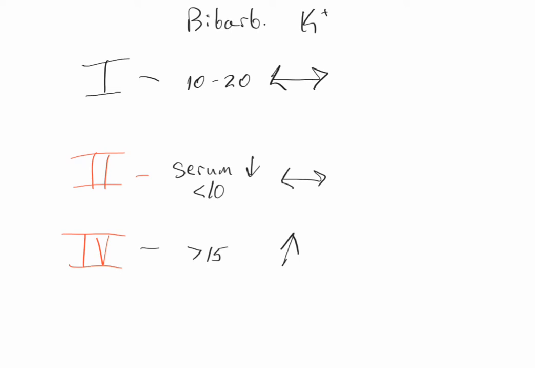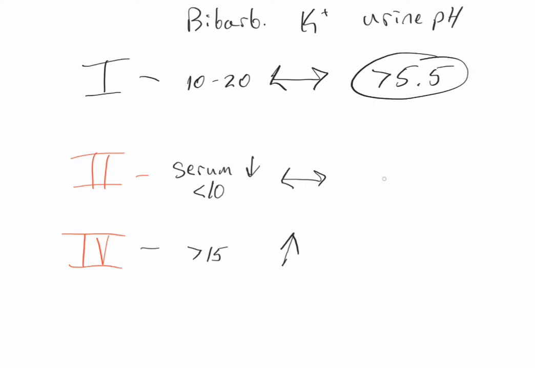So because hydrogen is not being secreted into the urine, pH is going to be alkaline. So urine pH is going to be greater than 5.5. In types 2 and 4, the pH is going to be significantly lower than that.